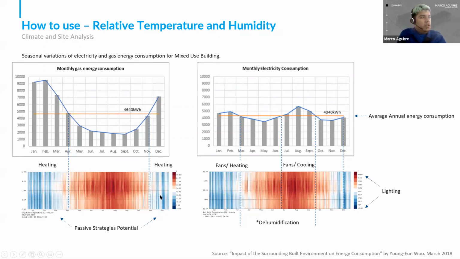Of course, it was all used for heating. For electricity, we saw a correlation between lighting, fans, cooling, heating. And then I also just wanted to mention dehumidification, if that's a strategy you've incorporated into your building design, it can help determine where the majority of our energy consumption is going to be used.